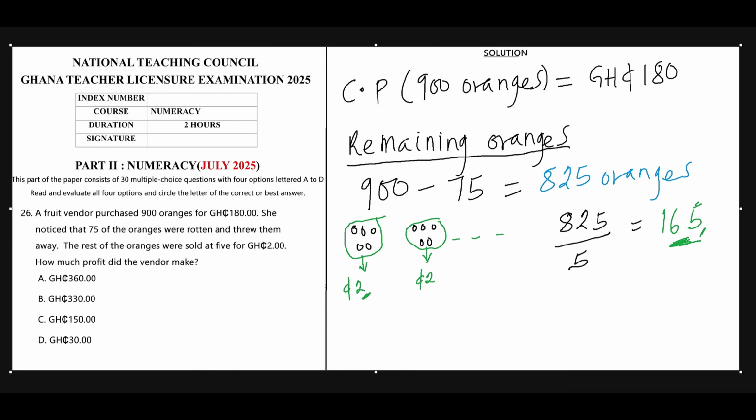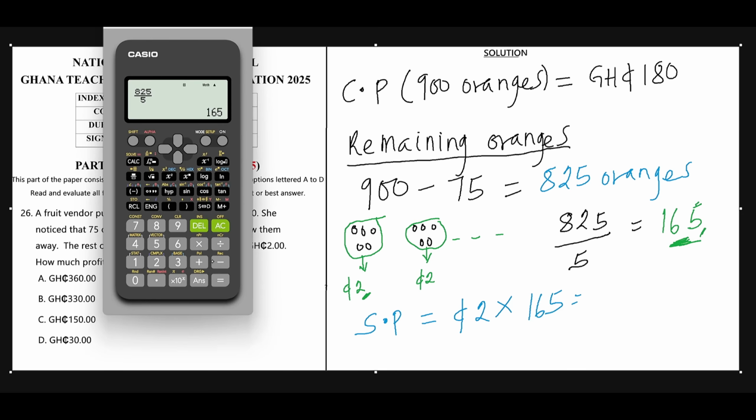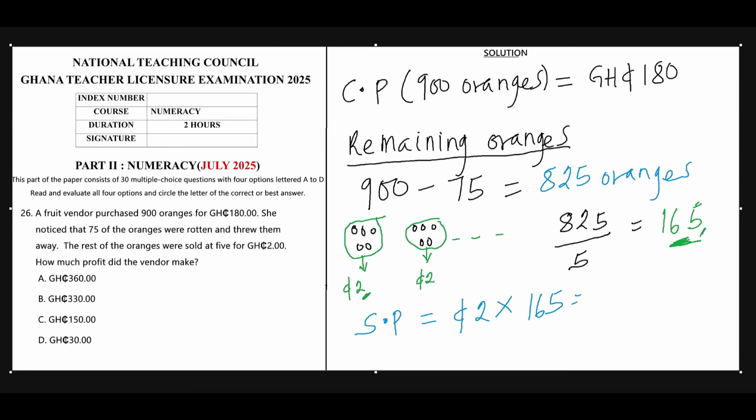So the selling price was 2 cedis multiplied by 165. So let's see, 2 cedis multiplied by 165 is 330 cedis.